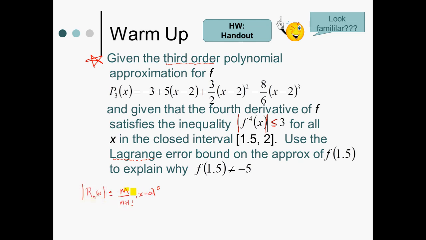It is this M that takes the most work, right? Because M is the bound on the next derivative, absolute value, on the interval from 1.5 to 2. Well, what did they just give you?